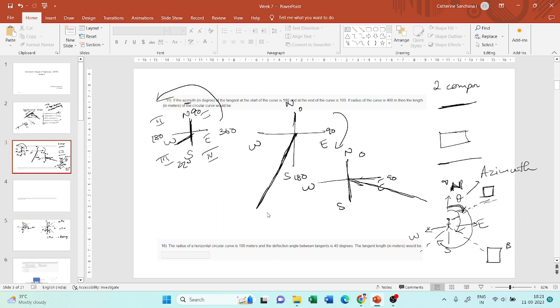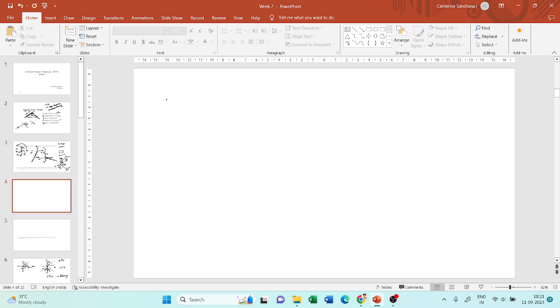Now how will you connect these two tangents? So you know that you have an angle with respect to the start of the tangent, right? One which is here, this is the starting and the end is here. Okay, now you have to connect these two.